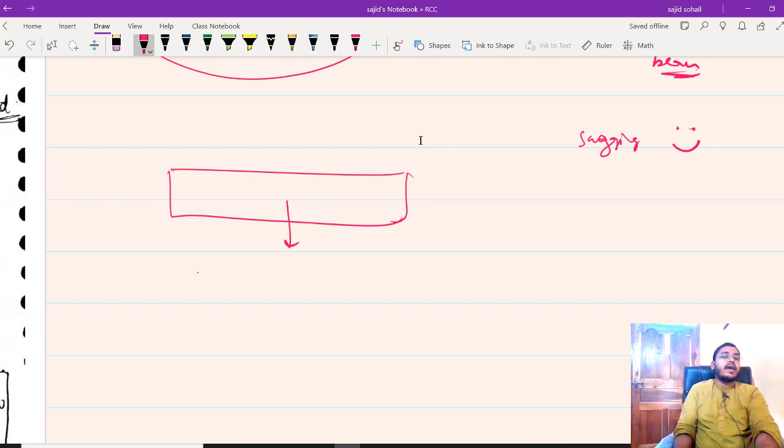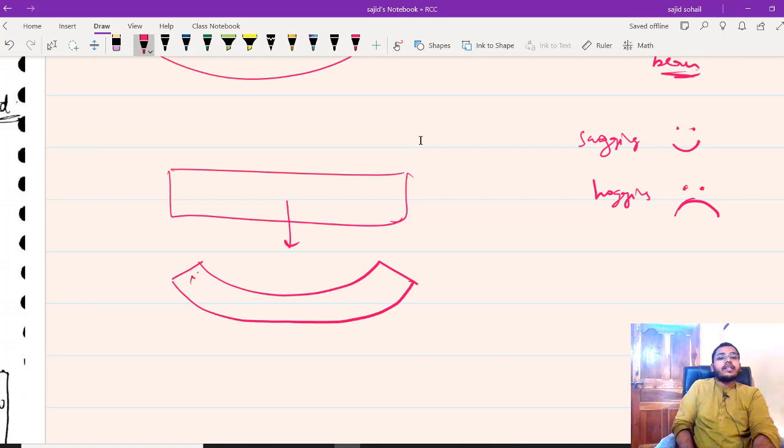And hogging means the crying emoji. So if the loads are acting such that my beam is sagging, then obviously you can see the top portion got compressed, and the bottom portion got stretched.